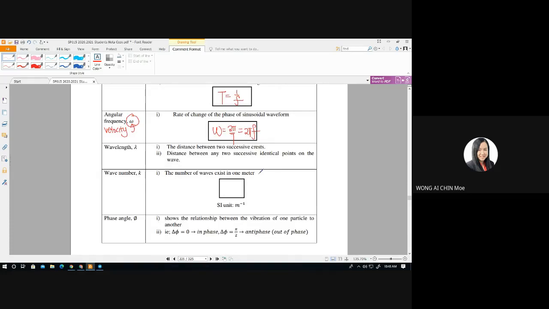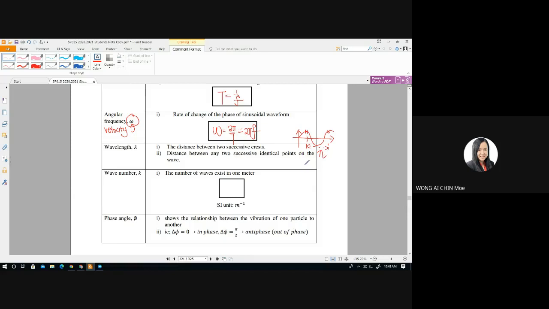Next, wavelength. Wavelength is the distance between two successive crests, macam tadi, from crest to crest. So this is your wavelength, or the distance between two successive identical points on the wave.